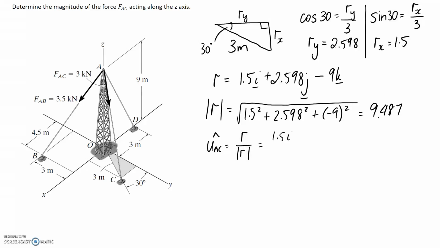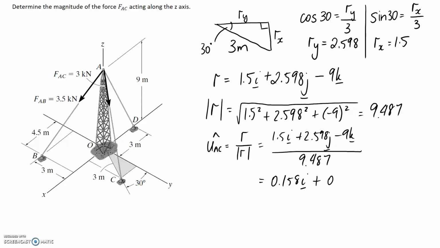So substituting in, we get this. And now you just need to take 1.5 divided by 9.487. You end up with 0.158. This number divided by this number becomes 0.274. And 9 divided by this becomes that with a k.